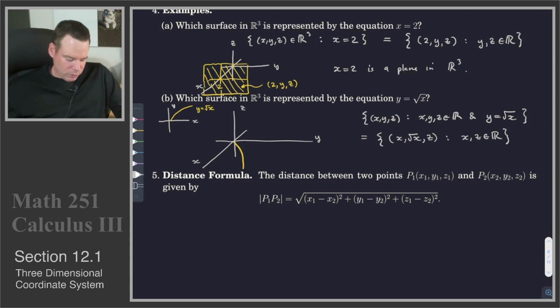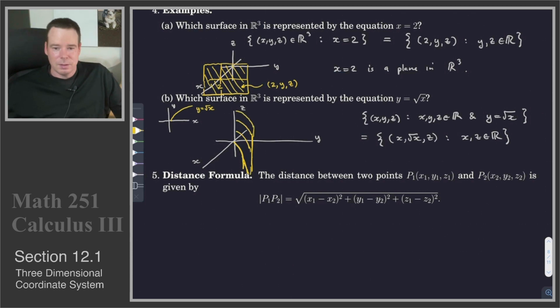So the set of all points on that yellow curve satisfy the equation y equals root x, where the z value is 0. However, z is allowed to be anything we want, so we get lots of copies of this curve that sort of go all the way up. And so the idea is we have a whole bunch of copies of this same curve.